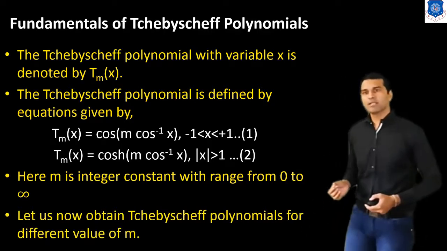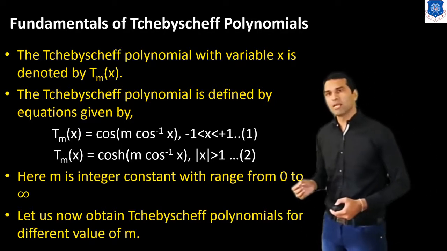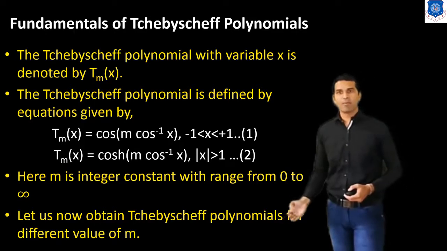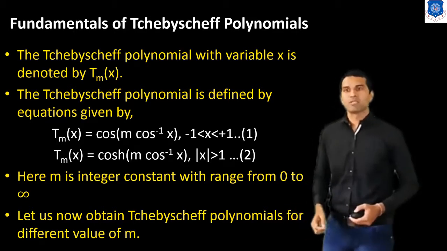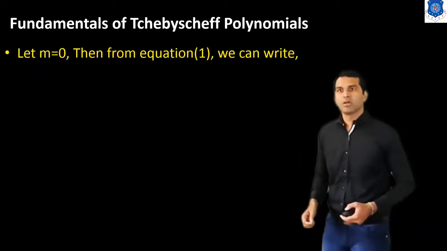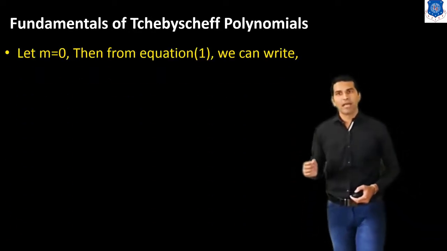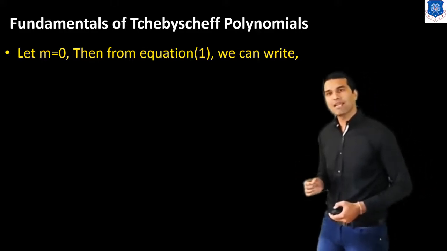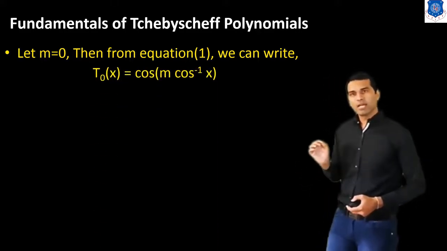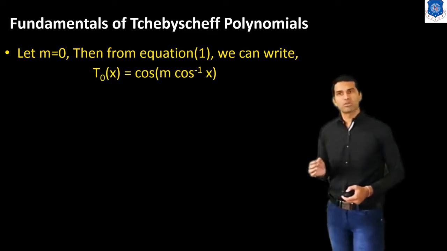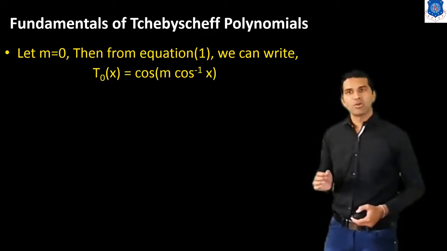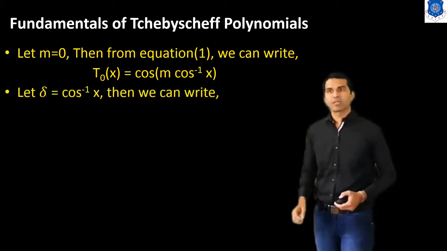Let us now obtain the Chebyshev polynomial for different values of m. For different values of m, we get different Chebyshev polynomial equations. Let me consider first m equals 0. Then equation 1 gives T0(x) equals cos(m cos inverse x).